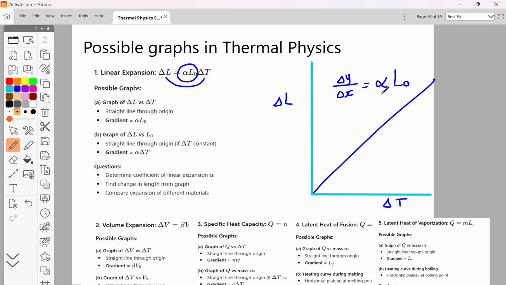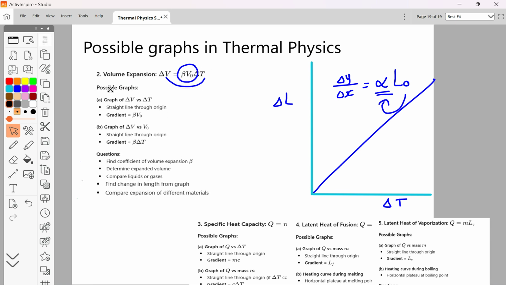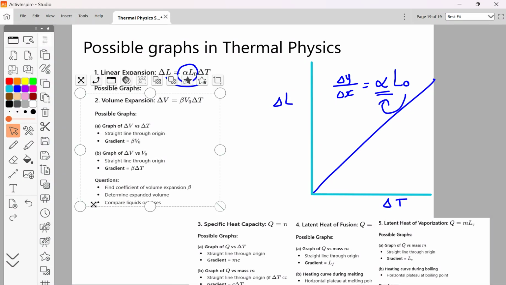So this is a nice question where we could give you alpha, the coefficient of linear expansion, and ask you for the original length, or we could give you the original length and ask you for the linear expansion. Exact same thing we can do with the volume here. The volume one is exactly the same.